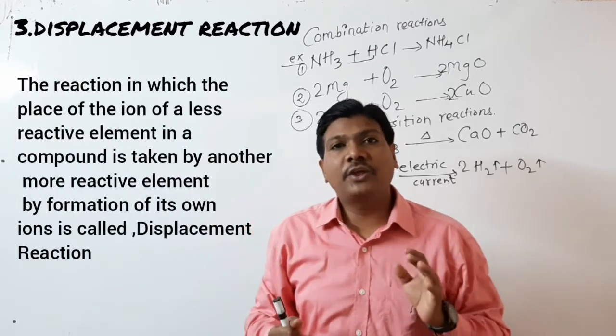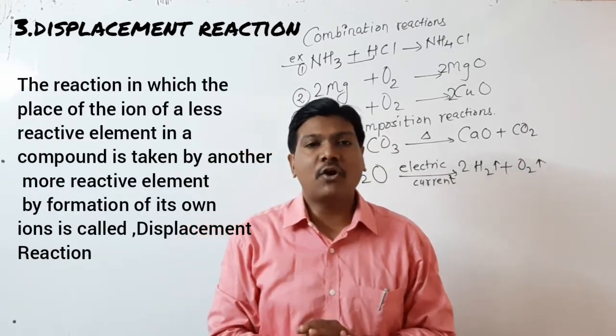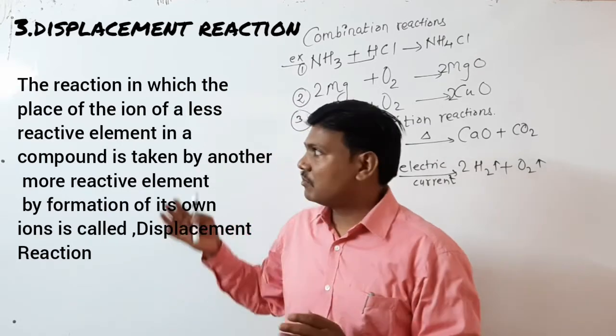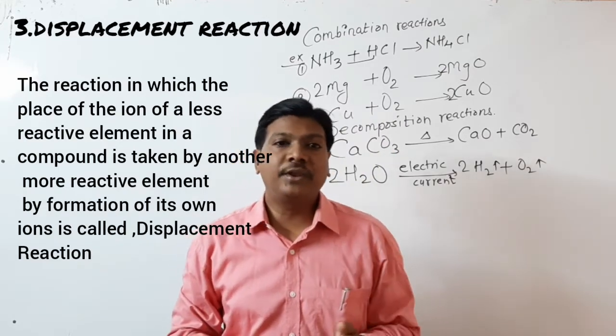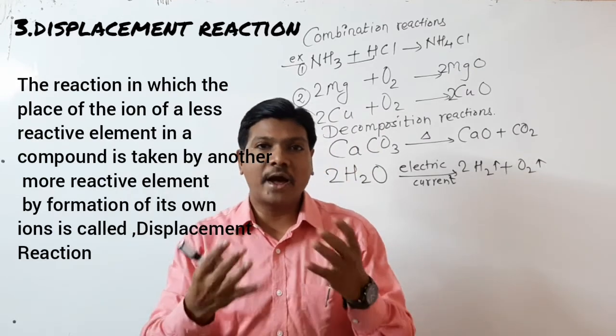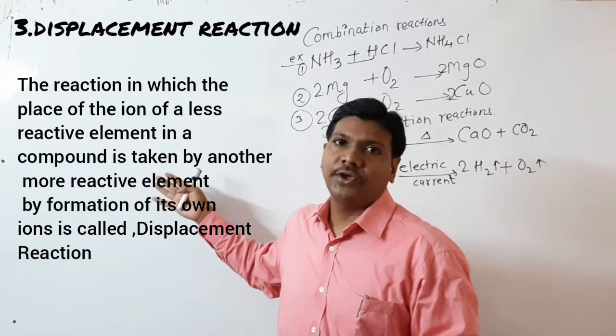Students, the reaction in which the place of the ion of a less reactive element in a compound is taken by another, more reactive element by formation of its own ions, then it is a displacement reaction.